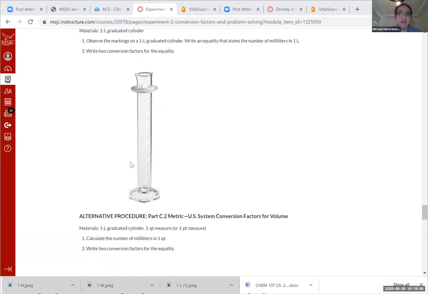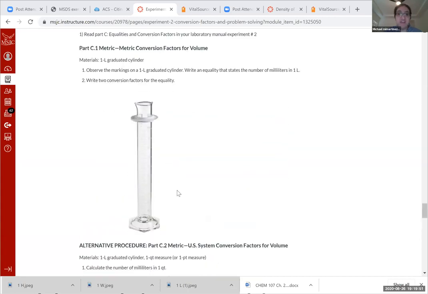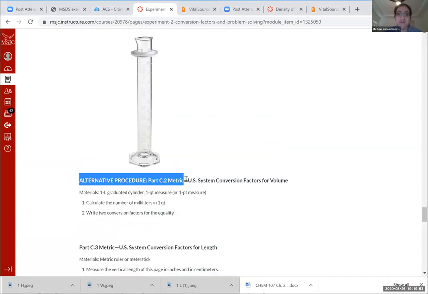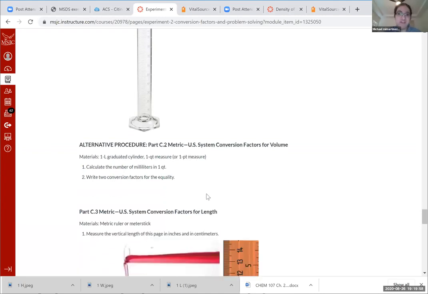So there's one change that I'm making. For part C2, you're going to follow this alternative procedure. Rather than measuring the volume in quarts, what I've asked you to do is to calculate the number of milliliters in a quart and write 2 conversion factors for that equality.